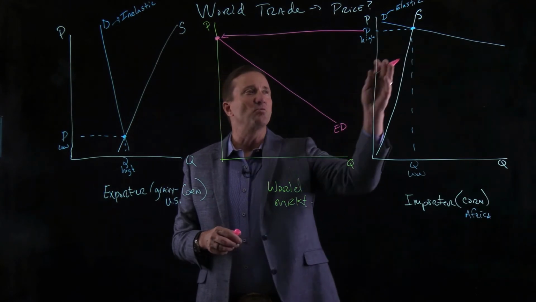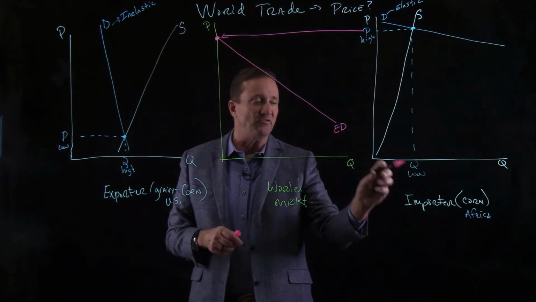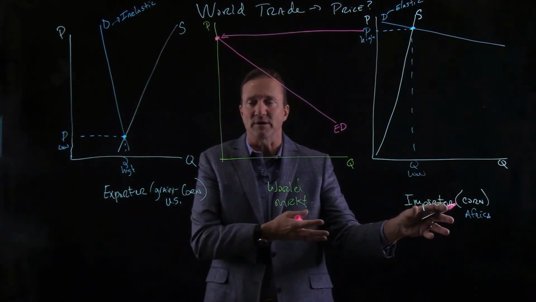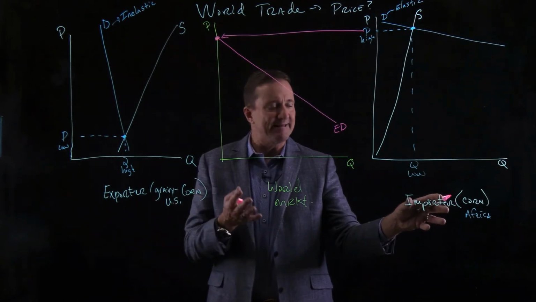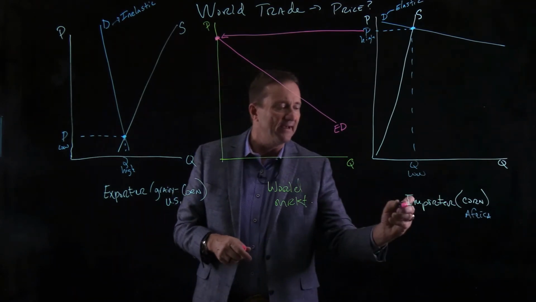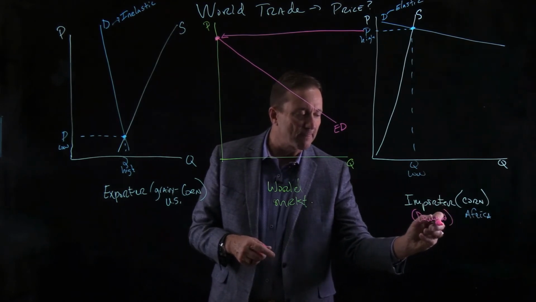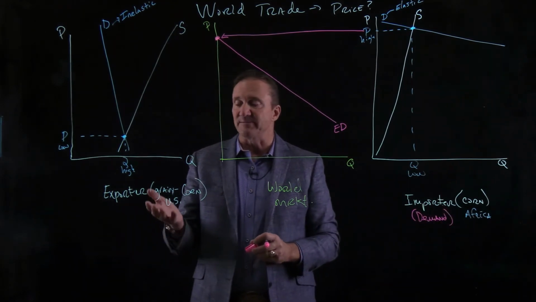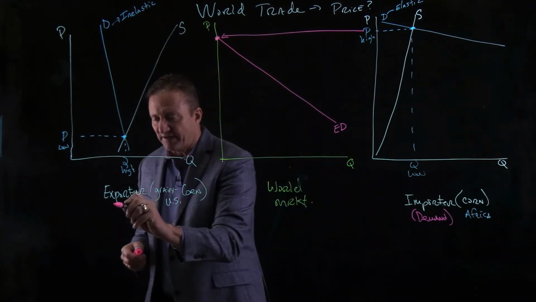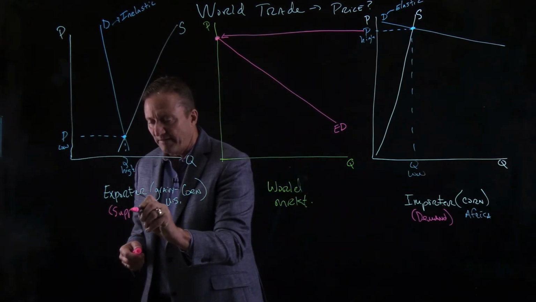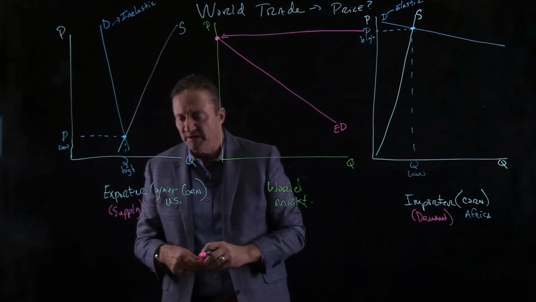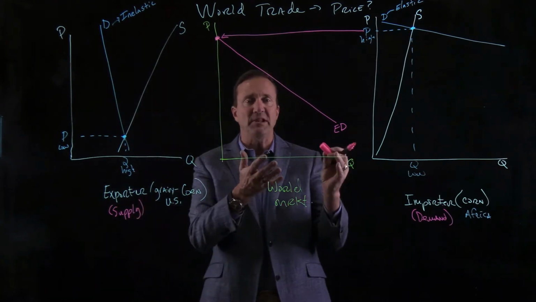Now, that is where demand comes from. It comes from whoever wants to import the product the exporter has. They are the ones that create demand in the world market. Now, who creates supply? Of course, that is going to be the exporter. So where does supply land in this?